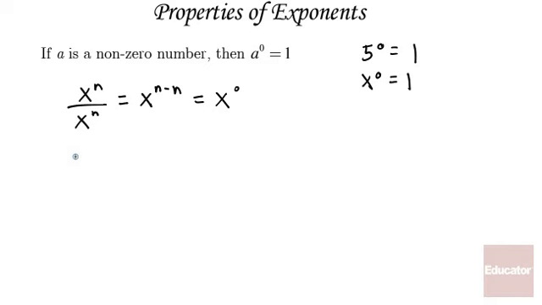Well, looking at this slightly differently, x to the n divided by x to the n, well, these are the same. They're going to cancel out. So I'm going to get 1. Well, if x to the n over x to the n equals x to the 0, and x to the n over x to the n equals 1, then in order for all of this to work and be logical, x to the 0 must be equivalent to 1. So that's the background for why we define a to the 0 as being 1.